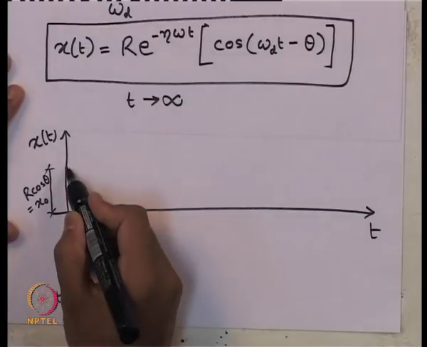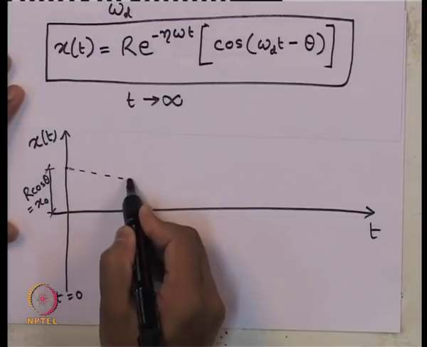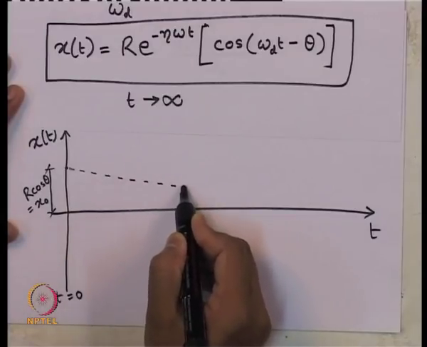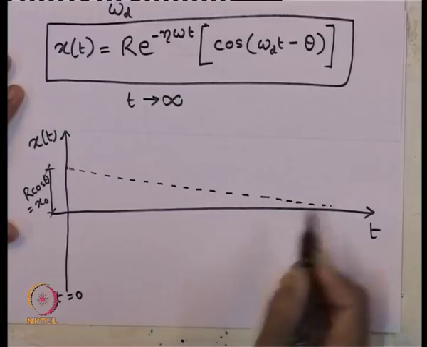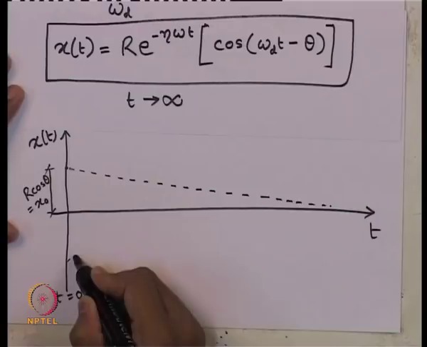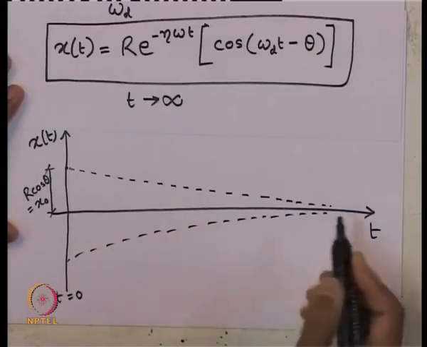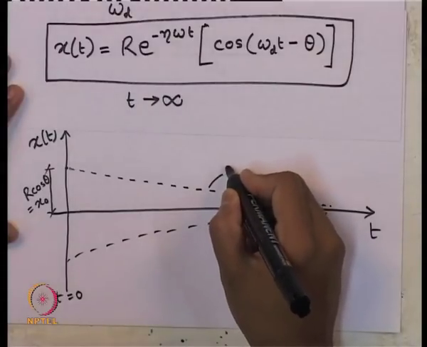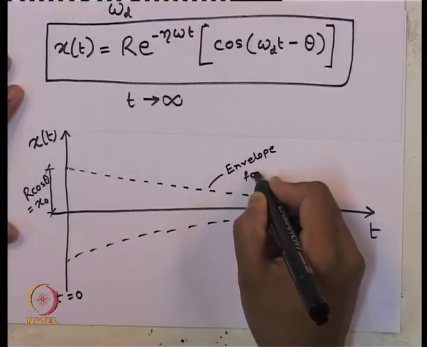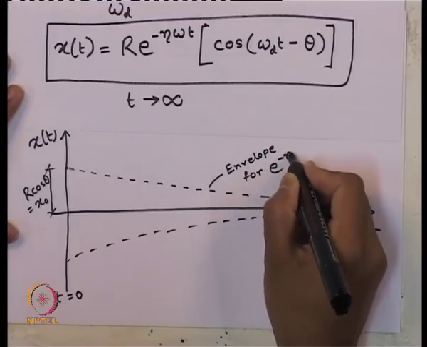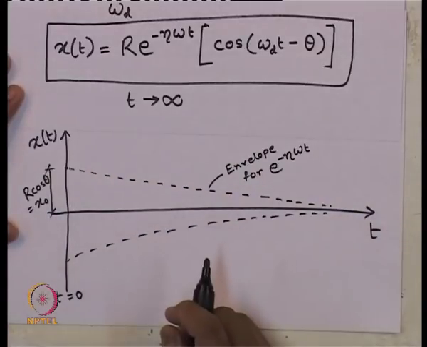An easy way to draw this is to first draw the envelope for the exponential decay. Suppose this is the envelope for e to the power minus eta omega t. This is the exponential decay function I have drawn.